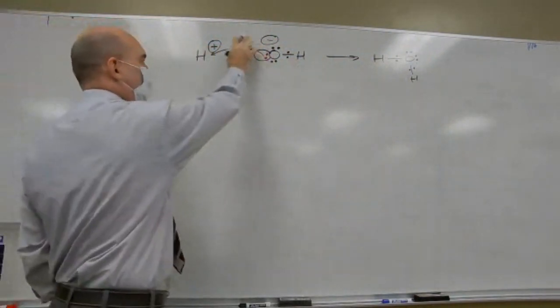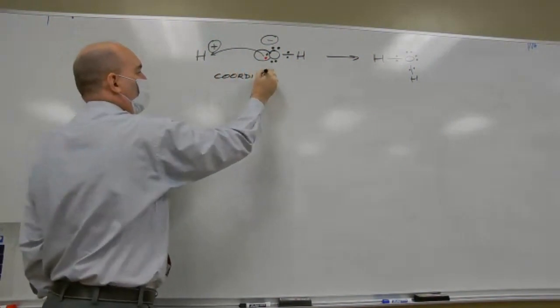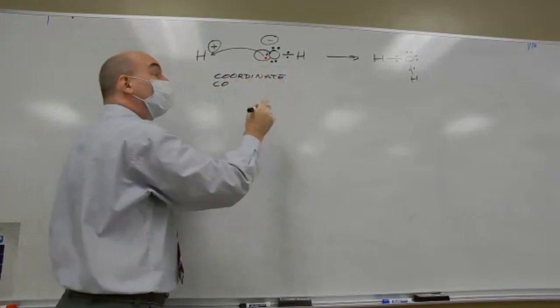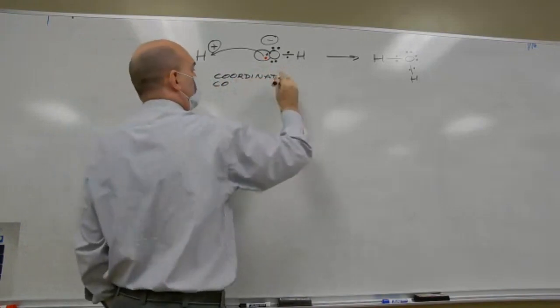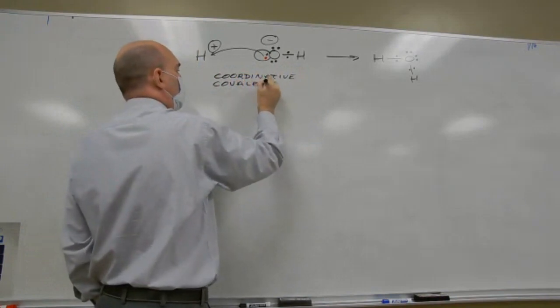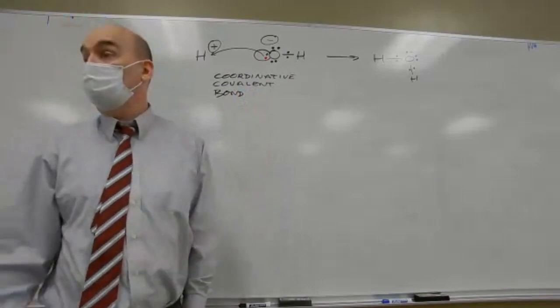This is what they used to call a dative bond, now called a coordinate covalent or coordinative bond. Covalent bond. Still, two electrons shared between two atoms.